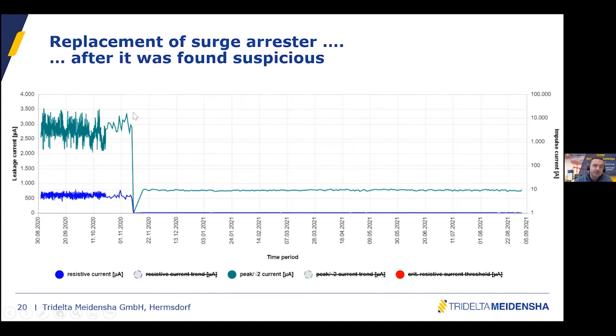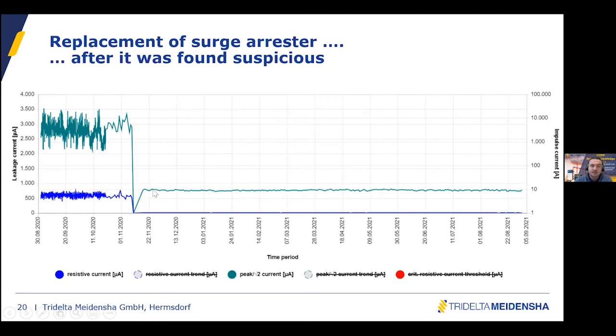So when you see such things, I think you don't have to elaborate that much. It's a clear signal that something is going really wrong. And so guess what happened here? The utility decided to replace the surge arrestor.